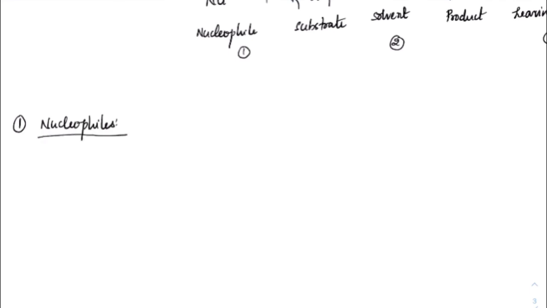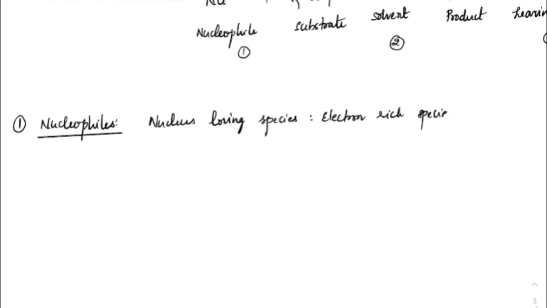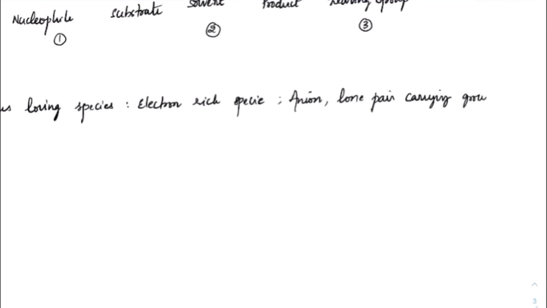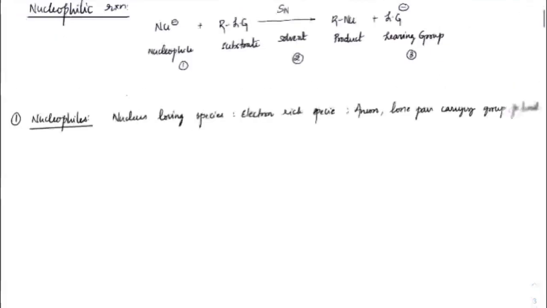When we talk about nucleophiles, because we have already studied elimination, I'm pretty sure you can understand that this is a nucleus loving species, or an electron rich species. Got it? Most of the time it would be either an anion or a lone pair carrying group. Sometimes a pi bond also. So this is the importance of what a nucleophile is.